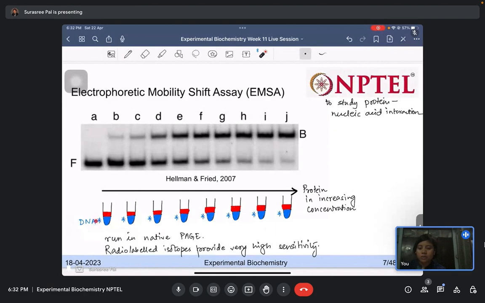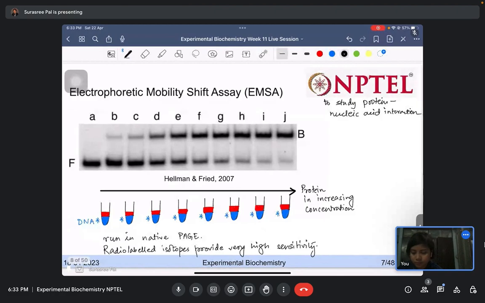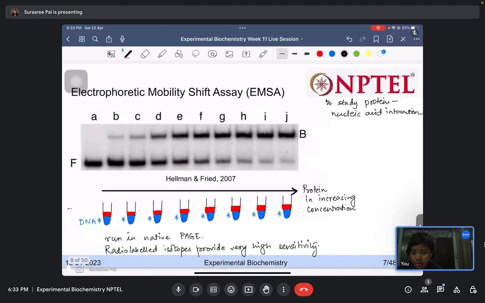A radioactive isotope means gamma 32P ATP. It is a radioactive isotope that is used to label DNA.